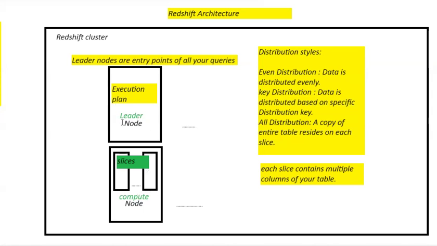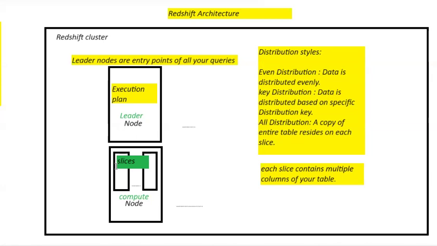Since the leader node distributes all the breakdown tasks at a time to multiple nodes, these compute nodes obviously execute those in parallel on slices. Who executes those queries? Slices. So these slices that the compute nodes have all execute your breakdown tasks in parallel.